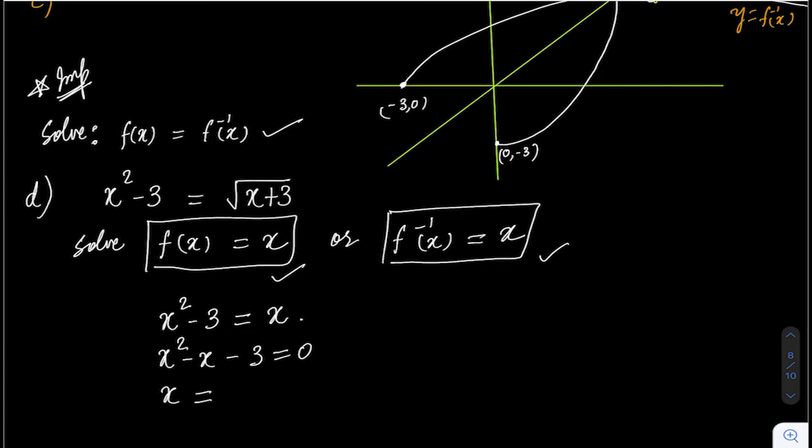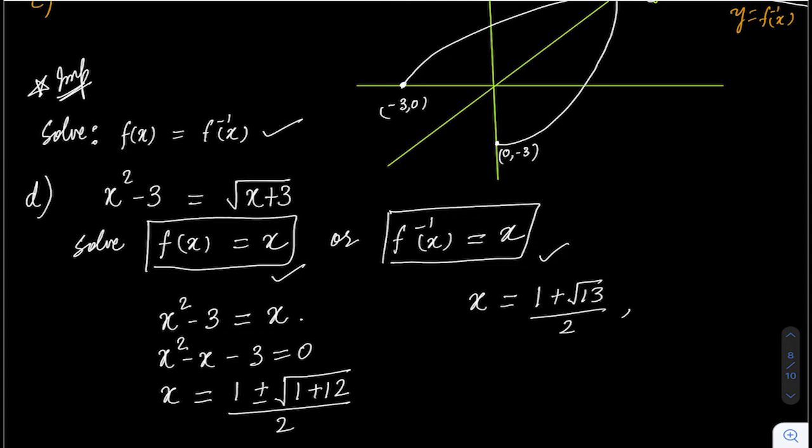No, minus 3, no. So this will be 1 plus minus square root of b square minus 4ac. So b square minus 4ac means 1 plus 12, that is 13, over 2. So you will get the x value as 1 plus square root of 13 over 2, and the second value you will get is 1 minus square root of 13 over 2.